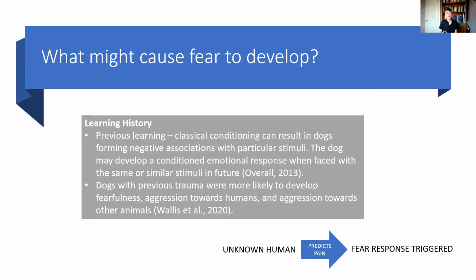But that can also happen on the flip side in a negative way. So a dog can learn to associate something, for example, an unknown human with pain, and that can lead to a fear response being triggered.